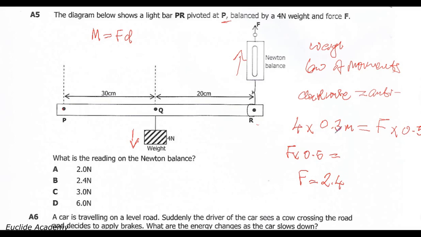That is, we multiplied 4 times 0.3, and then we divide everything by 0.5, which cancels this one right here, and then we had 2.4 as the force, which should be in newtons. So this is the reading on the Newton balance, so that will be 2.4 newtons. So this will be our best option.